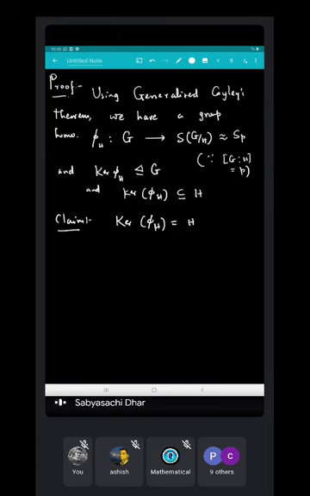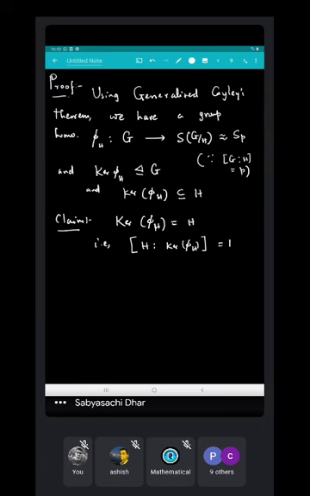So for that, it is enough to show that the index of the kernel of phi_H is equal to 1, right?